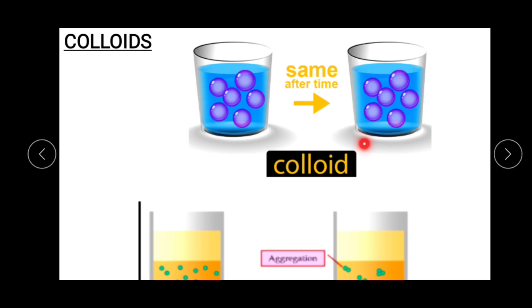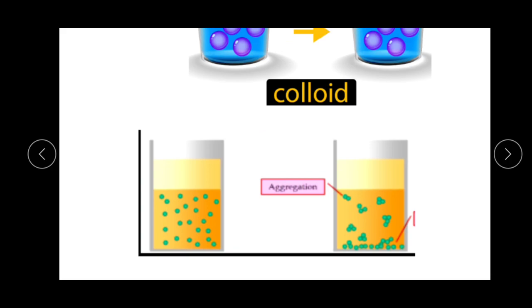Why this happens is because each and every particle of a particular colloid possesses similar charges, and because of that electrostatic repulsions are there and they do not settle down. Why charges are there, we will take up later. If you want a colloid to accumulate or precipitate, there are some special methods which we will deal with later on.